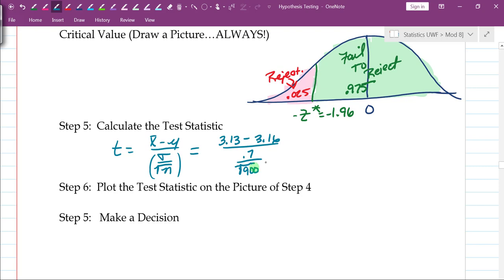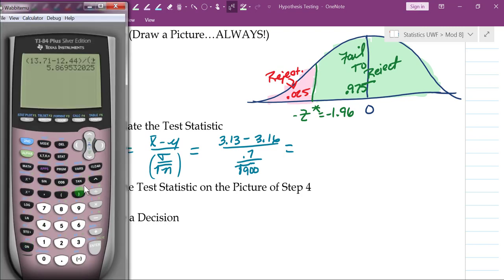So we're going to throw this in our calculator. Turn it on, clear it out, and we're going to say 3.13 minus 3.16, parentheses, divide, open parentheses, 0.7 divided by the square root of 900, come out, parentheses, equals.